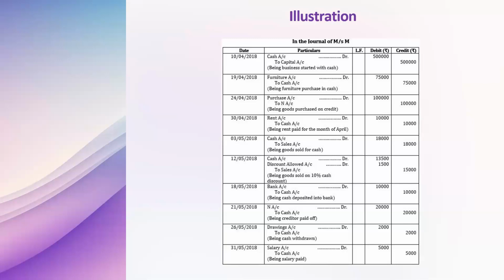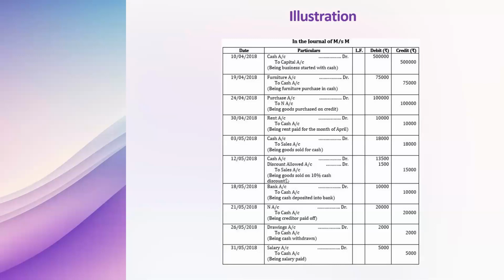First is the cash account debtor. In the debit column it would be 2 lakhs, and then comes the capital account creditor, 2 lakhs, written in the credit column.